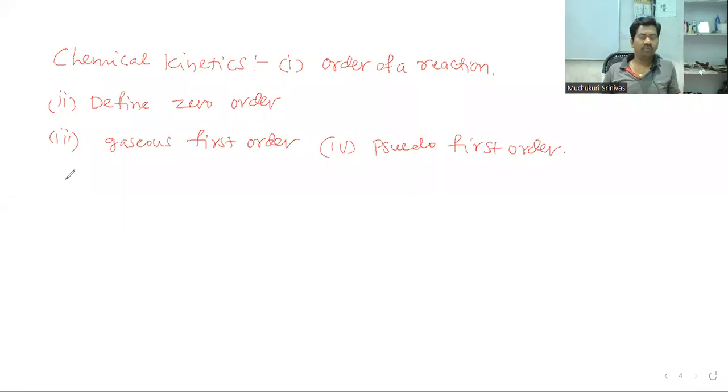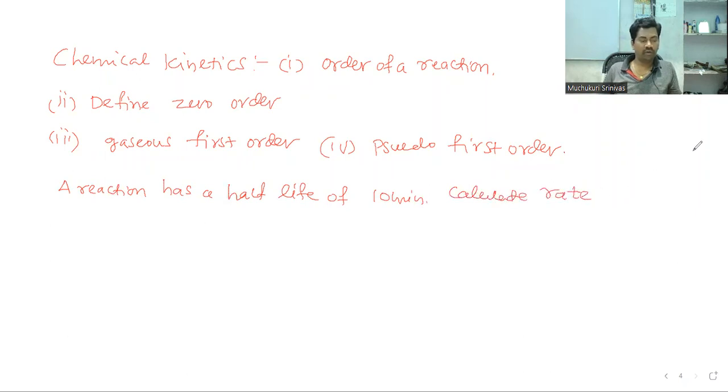Then one problem from this chapter: a reaction has a half-life of 10 minutes. Calculate the rate constant for the first order reaction.